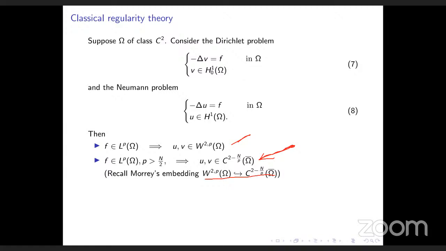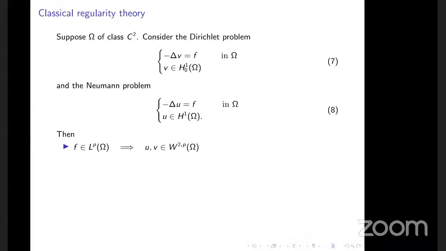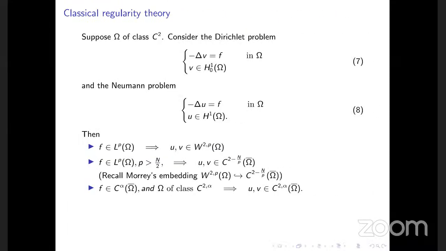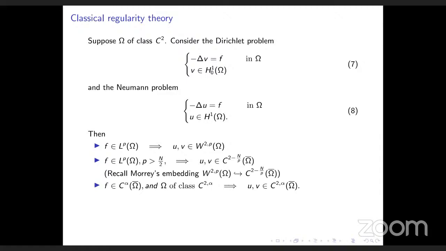And now another interesting point is the Schauder theory. So the Schauder theory in this case, for both solutions, we know that if my right hand side is Hölder continuous, and omega is C^{2,alpha}, then my solutions are also C^{2,alpha}.